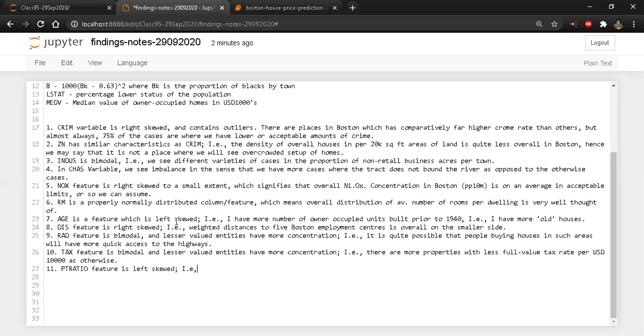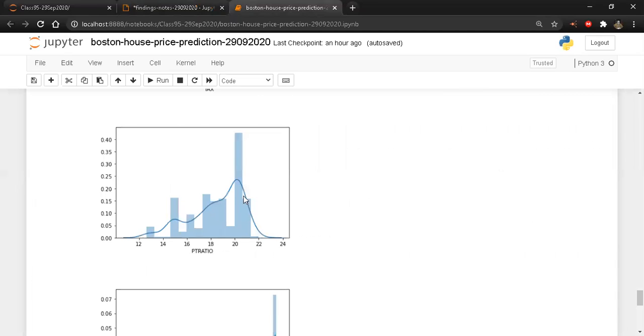that overall the pupil teacher ratio in the towns is more, right? Throughout the city it is more. You see, the higher values are of more concentration over here.